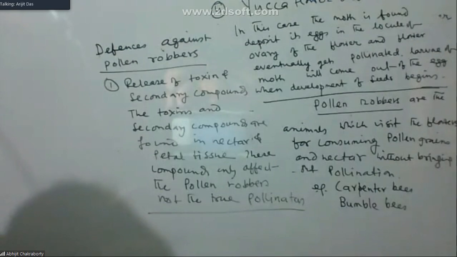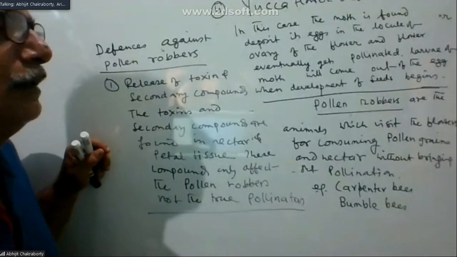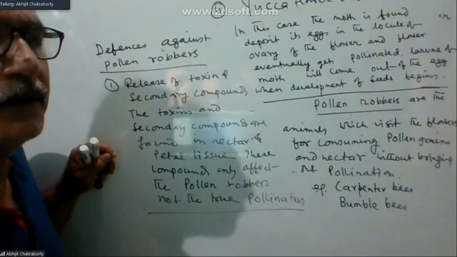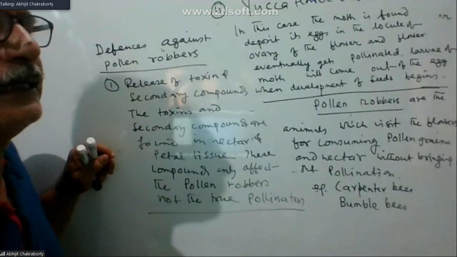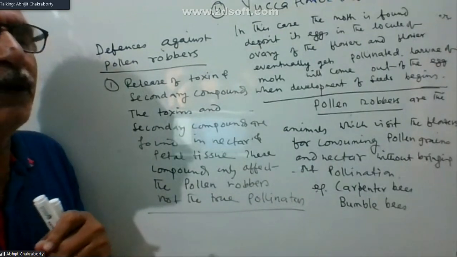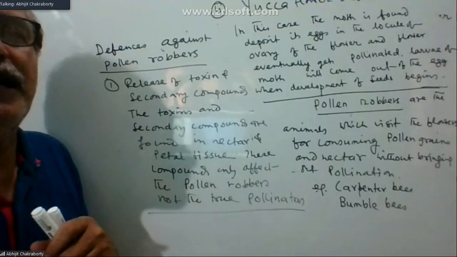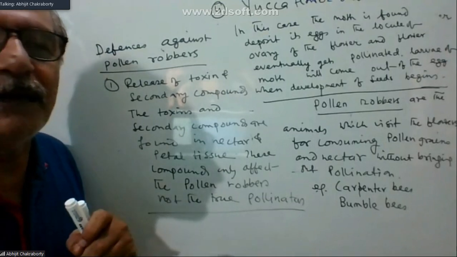Look, one thing. Actually, there is a time period. Generally, it is an interesting phenomenon. There are certain times when pollen robbers are found to visit, but actual pollinators are not going to visit at that time. Are you getting me?